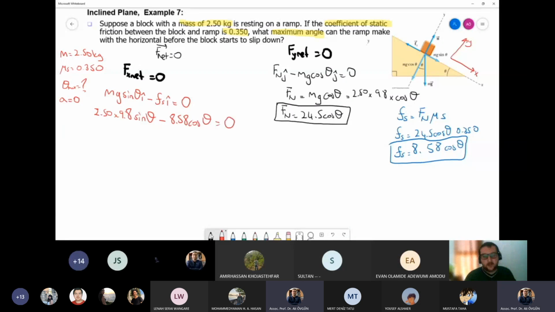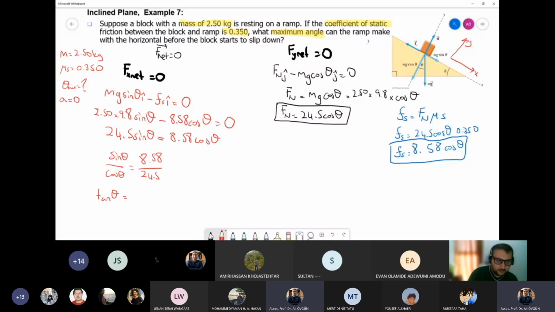From here, what can you find? Let's calculate 2.50 times 9.8: 24.5 sine theta equals, taking this to the other side, 8.58 cosine theta. So sine theta over cosine theta, dividing by cosine theta, equals 8.58 over 24.5. This is a very well-known thing: it is equal to tangent theta.